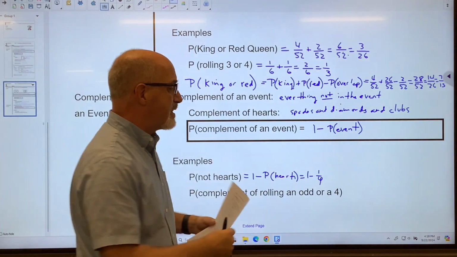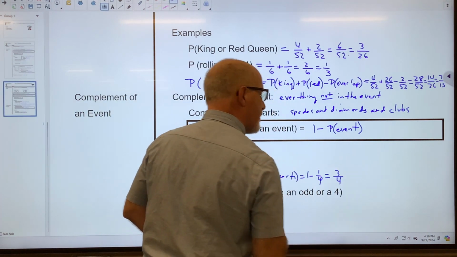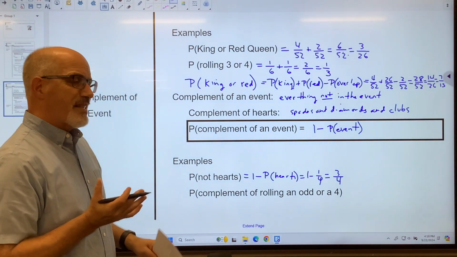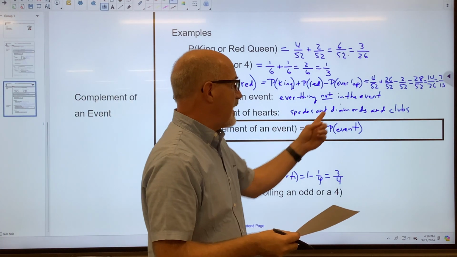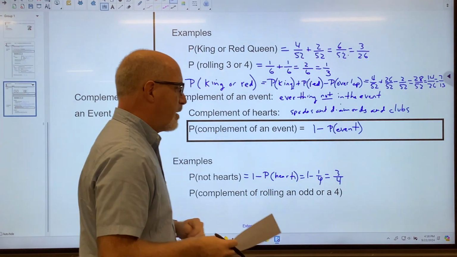So 1 minus that would be 3 out of 4. Okay, so that would be the same as if we just said, okay, let's count spades, diamonds, and clubs. That's 3 out of the possible 4 for those.